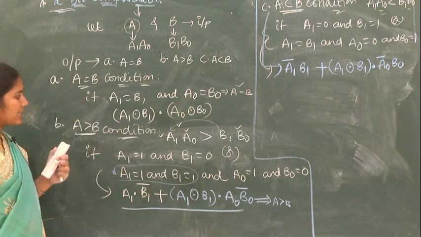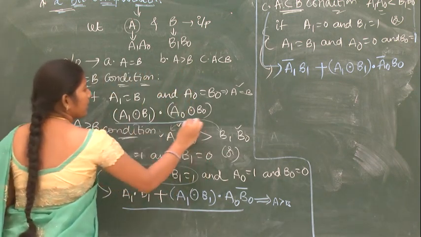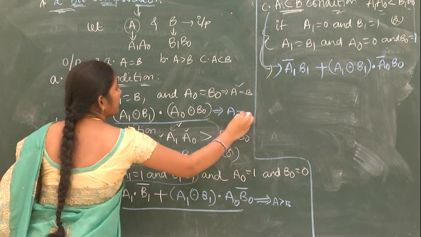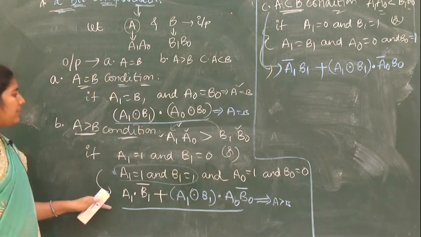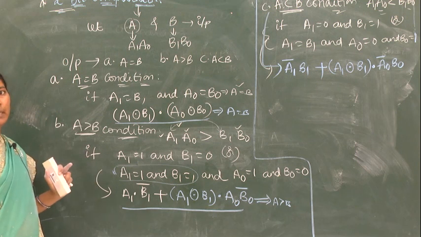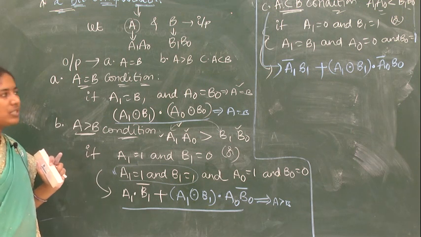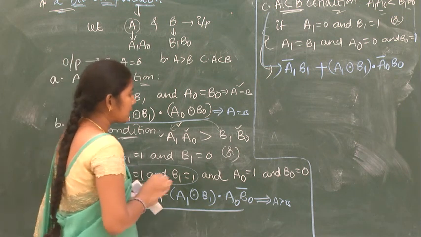Now we know the logic expression for A equal to B, A less than B, and A greater than B. Once you know the logic expression, then we can develop the logic diagram.